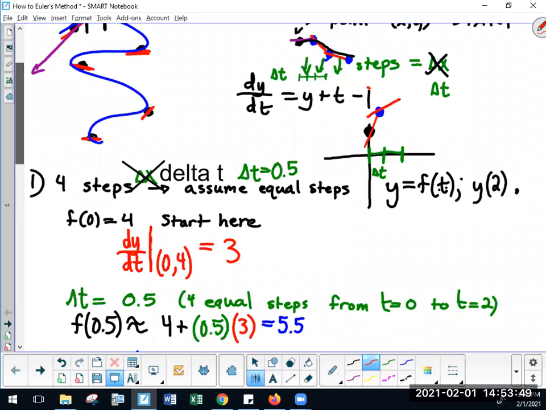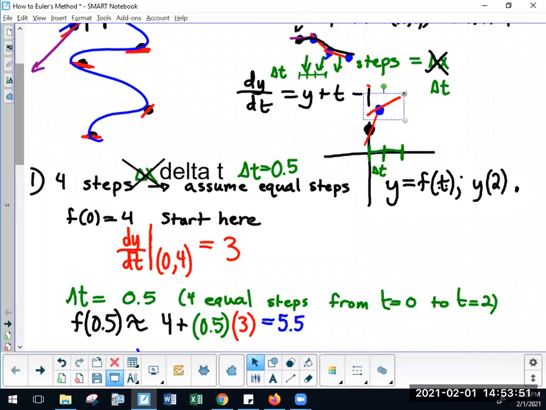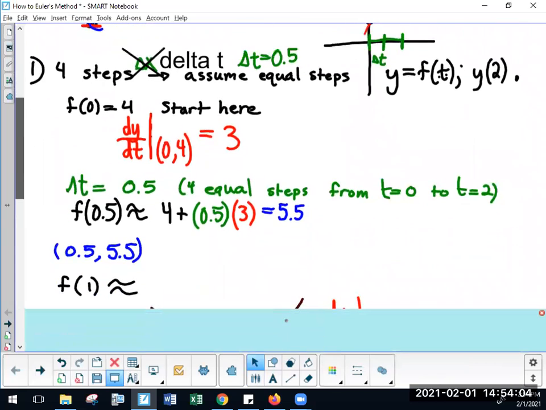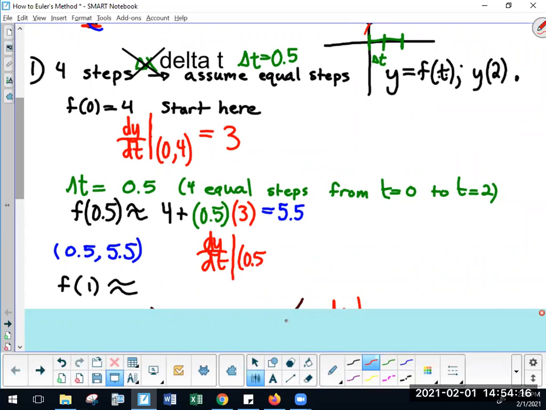So is that going to be like this? Is it going to be maybe decreasing? It's going to be increasing even steeper? Is it going to be leveling out? Like, what's it doing there? That's what we're trying to figure out. And again, we do that by calculating the slope. So I want to calculate the slope at the point I just left. So that's dy dt when t is 0.5 and y is 5.5.